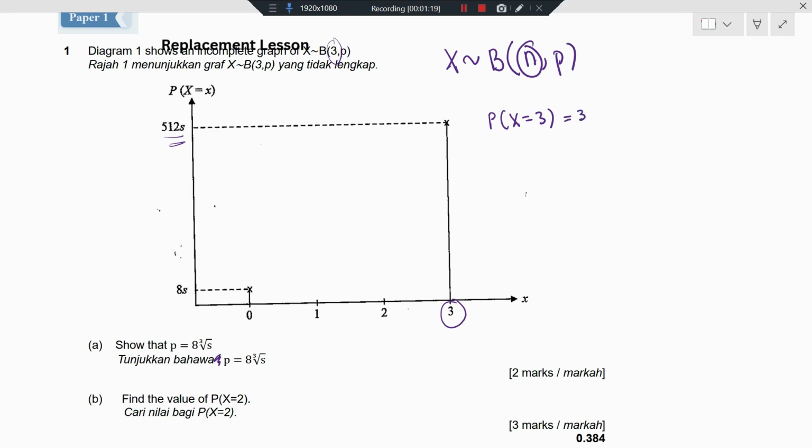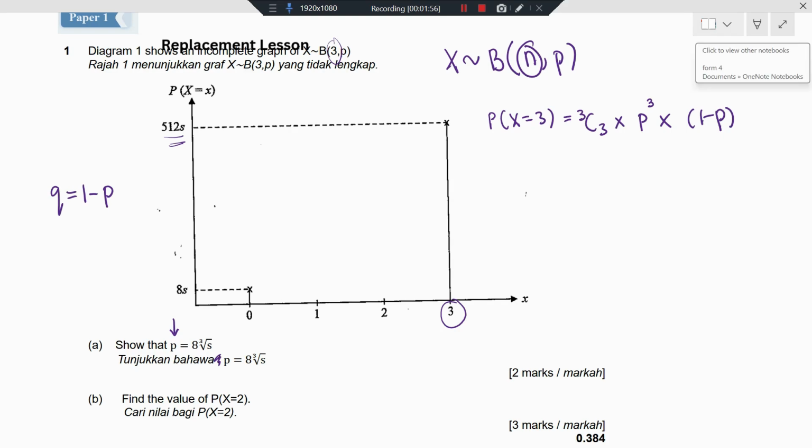So it is 3C3, the probability of success, which we don't know, to the power 3, because the bottom is power 3 here. I will try to avoid writing q, because then I would have two variables, which I don't wish to have here. But you know that q is equal to 1 minus p, so why not write 1 minus p instead of q.